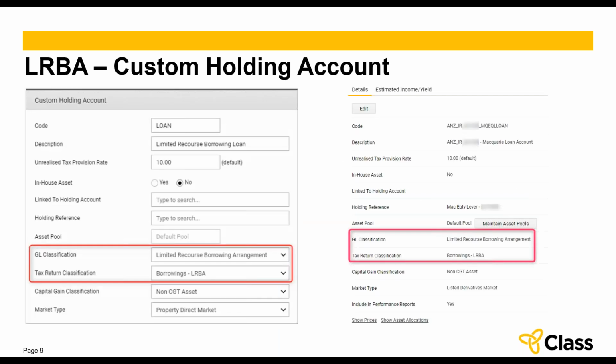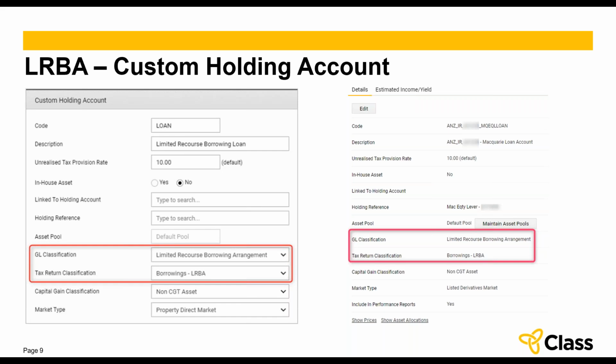Here's an example. The underlying assets or investments you have to set up as LRBA - Australian residential property if it's in relation to a property, or non-residential if it's in relation to a commercial property. But the borrowing on the other side is the same.